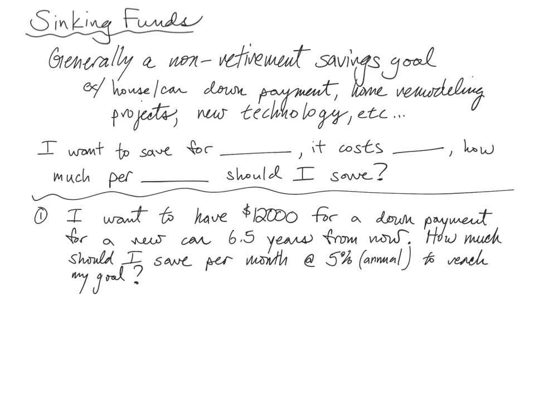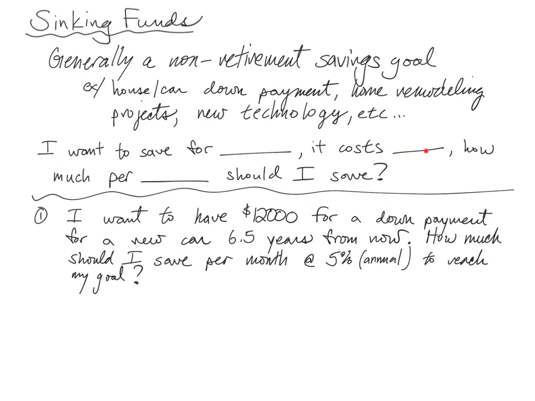Sinking funds. Generally, a sinking fund would be a non-retirement savings goal, like a house or a car down payment, home remodeling projects, new technology, like I mentioned in the last slide. It could be a TV or whatever. Basically, it answers the question, I want to save for fill in the blank.